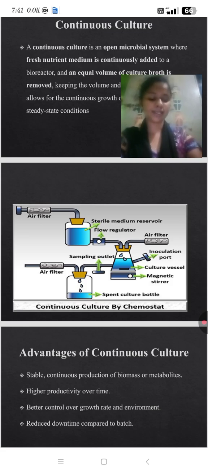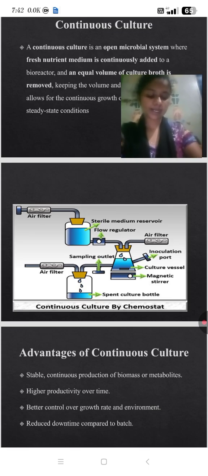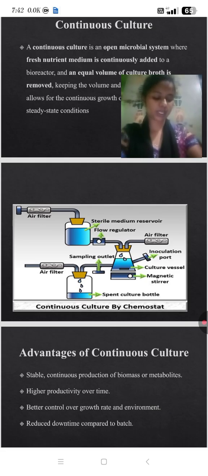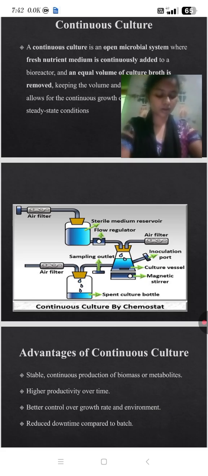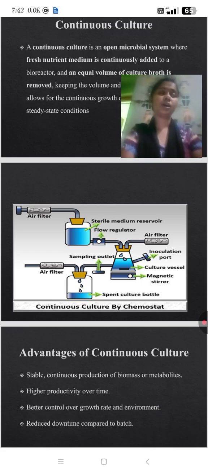A magnetic stirrer mixes the content to maintain uniformity. An air filter ensures sterile airflow. The spent culture is collected in a bottle, and overflow ensures constant volume and steady state growth. Used for industrial fermentations, wastewater treatment and enzyme and protein production.